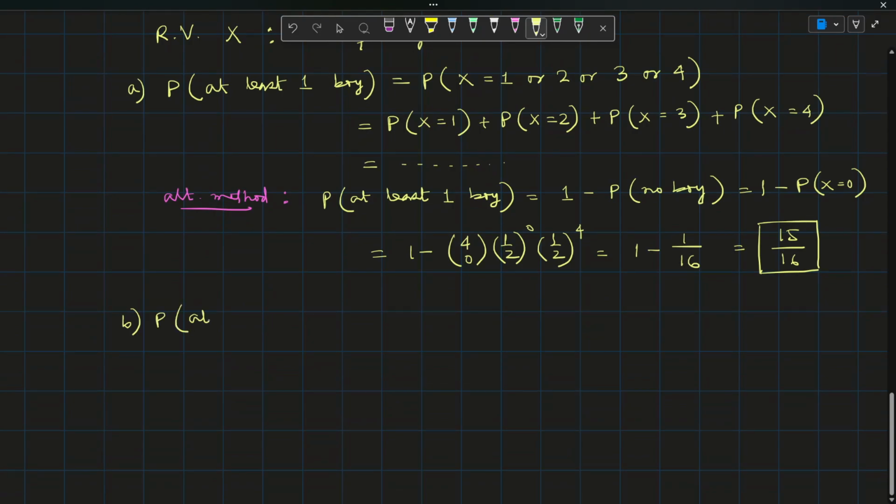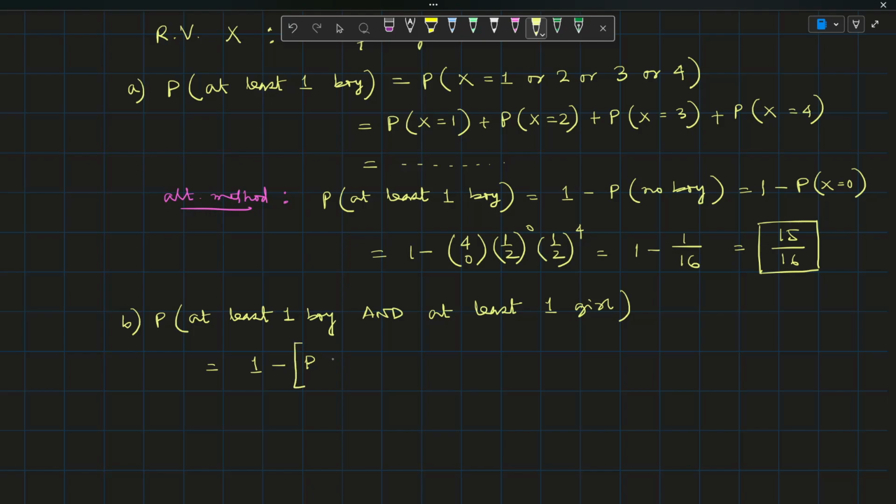Now for part B, the probability of at least one boy and at least one girl. This can be written in the following way: 1 minus the probability of... I will ask you to pause at this point and think about it yourself, and make sure that you find the reasoning behind writing this line before moving on to the next problem.